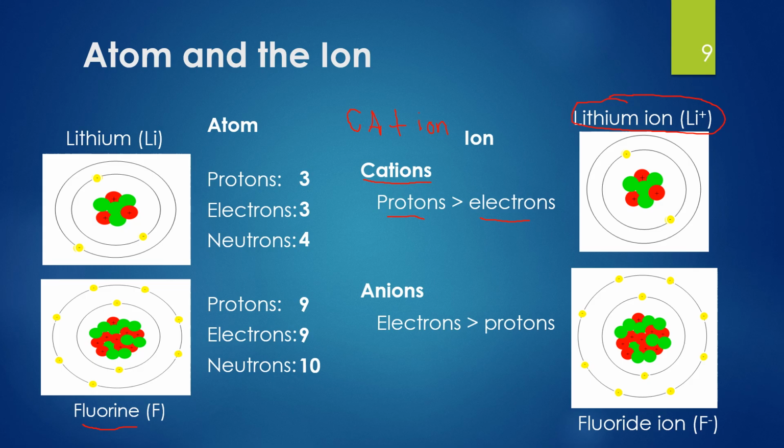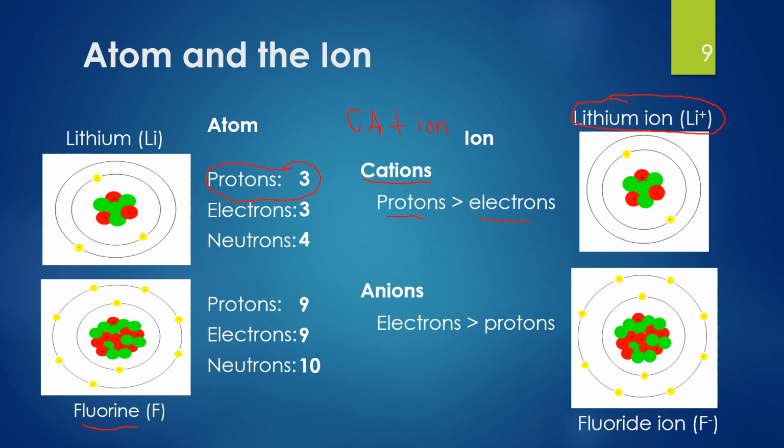Now, how is a cation formed? Well, a cation is actually formed by the loss of an electron. Now, why is it formed by a loss of an electron instead of by the addition of a proton? Well, protons do not change within an element. So what I mean by that is lithium, we said, has 3 protons, right?